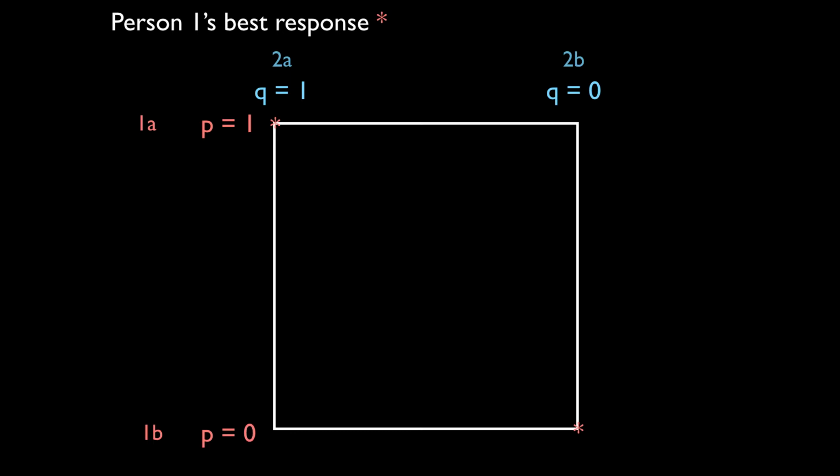This is the first time I'm doing something that looks like algebra for this class. And this becomes negative 5Q plus 6, so let's say 6 minus 5Q.